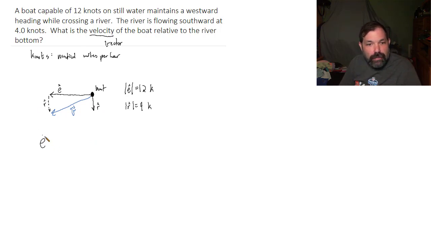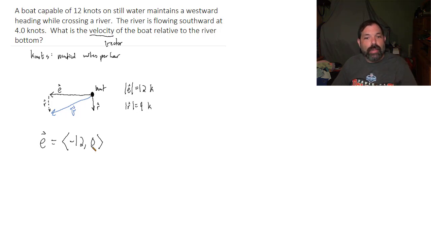Well, I can think of the E vector as being equal to the standard vector negative 12, 0. It is acting in the westward direction, so that's directly left. With a magnitude of 12, it must be negative 12 in the x direction and 0 in the y direction. Similarly, the R vector would be the vector 0, negative 4.